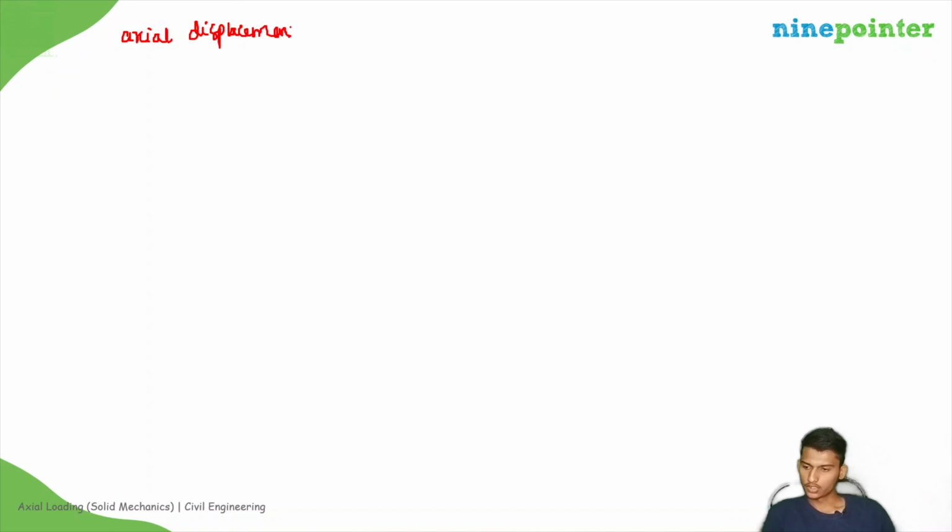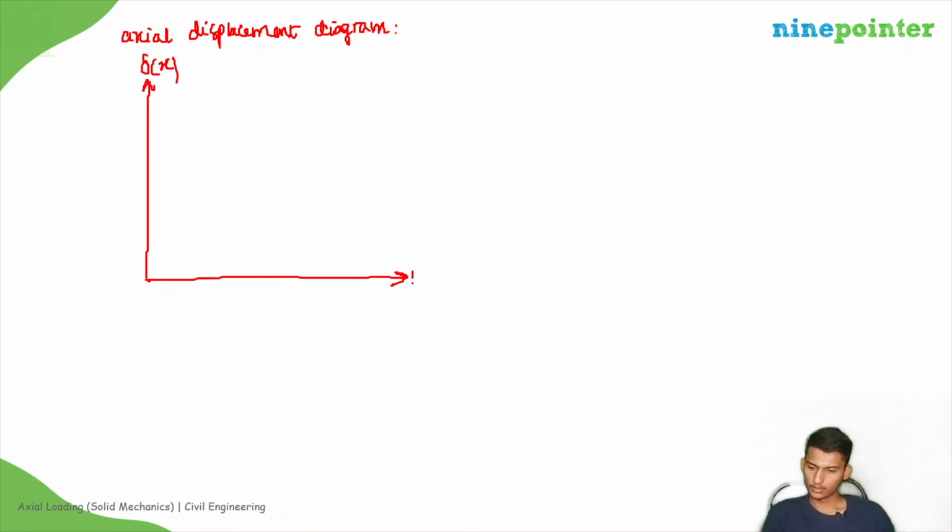This means elongation diagram, means displacement of each and every particle along the length. Okay, so again, this is delta of x. This is length. I want to say every delta x1. You take any point at x distance, and delta x1 will be equal to del x minus del 1.